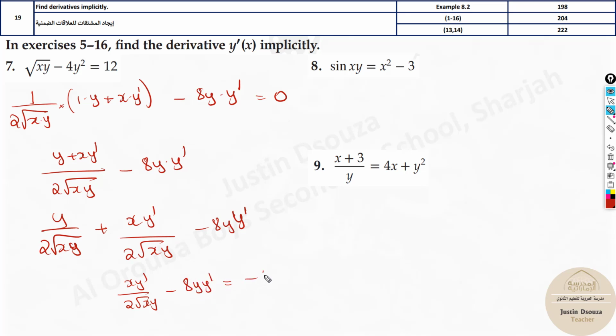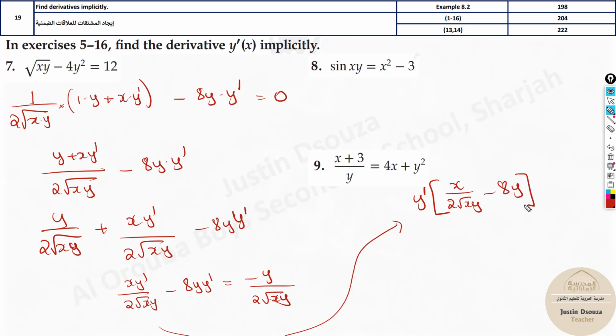That will be equal to the negative value of this, y by 2 root xy. Why? Because we moved it to the other side. Now here I'll just remove the y dash outside. So what's remaining is x divided by 2 root xy minus 8y, and equals negative y divided by 2 root xy.